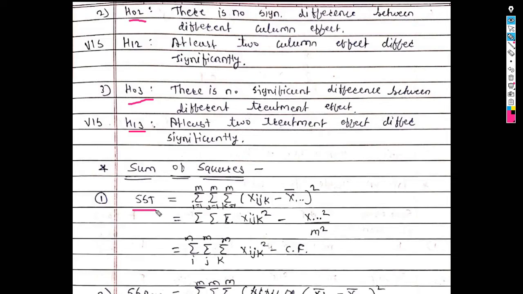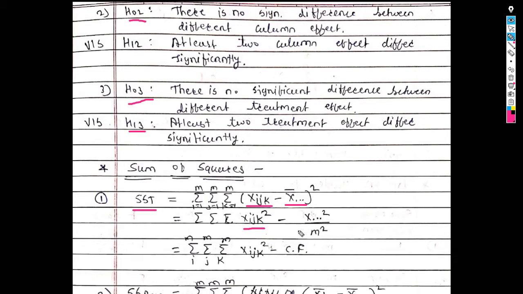So our first formula is for sum of squares due to total, or we can say total sum of squares. It is defined as summation over i, summation over j, summation over k in bracket xijk minus grand mean, that is x dot dot dot bar, bracket square. Now this term can be written as summation xijk square minus x dot dot dot square upon m square.